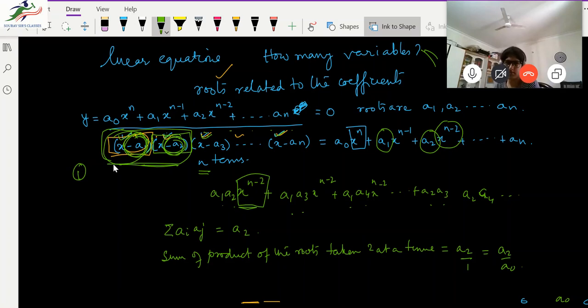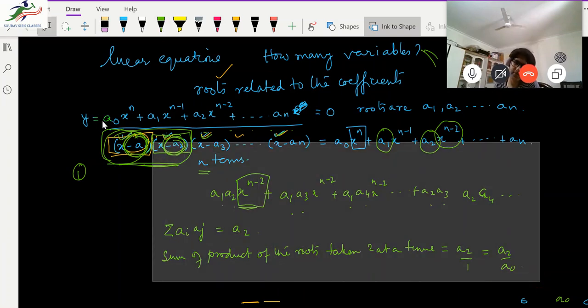This is how you can equate the roots of the equation with the coefficients.